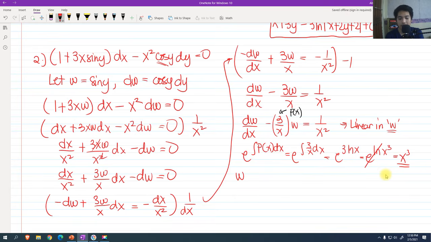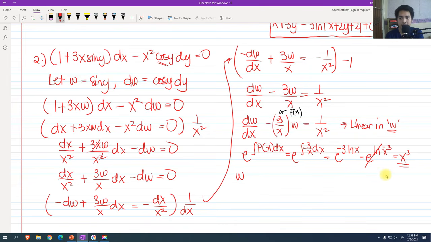Multiplied by the integrating factor. Oops, I have a mistake here. I should include the sign, negative 3 all over x. So this becomes negative 3, negative 3. I have to include this, okay?